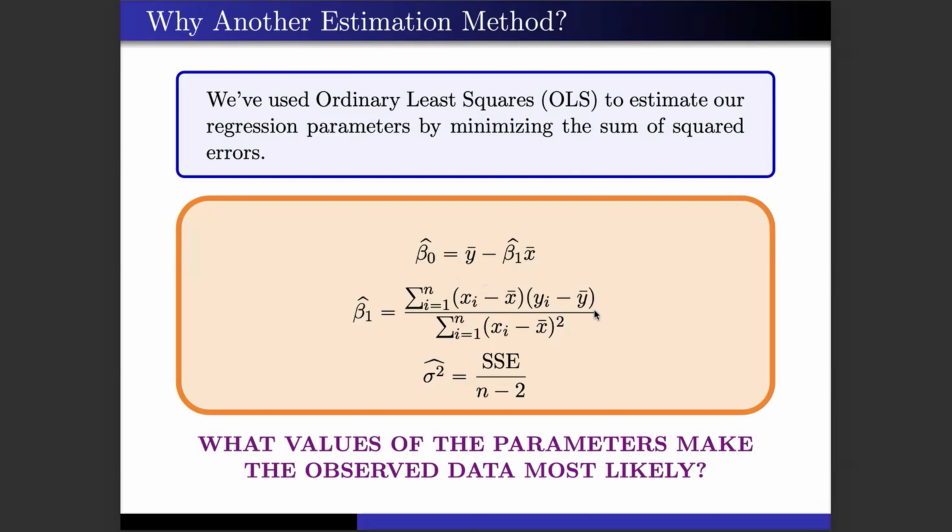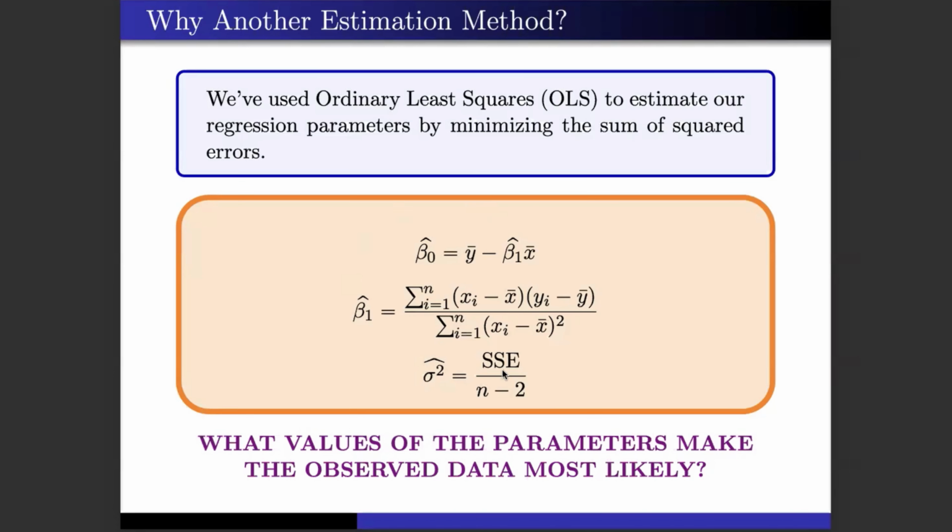Beta 1 hat equals summation (xi minus x bar) times (yi minus y bar) divided by summation (xi minus x bar) whole square. And an estimate of sigma square hat equals SSE divided by n minus 2. And these are the values of the estimates we get when we use that method.